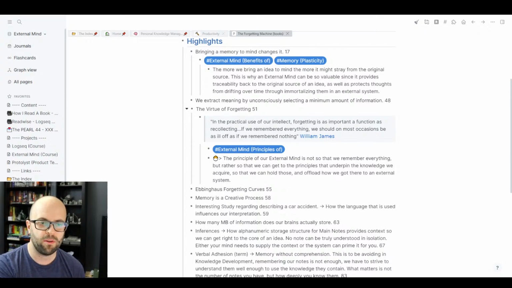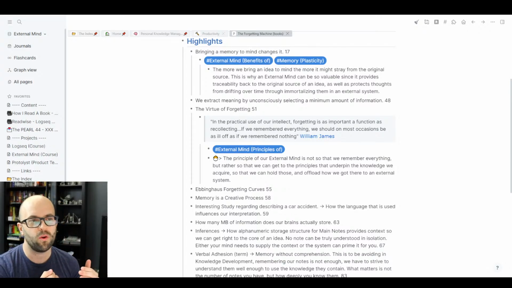What you're trying to get down to is the principles, the meaning behind those ideas, and that's what you try to codify in your biological brain: those very discrete, fundamental units of thought. Your external mind can hold all that other information, but you want to use it as a means of getting those principles, that meaning, into your mind so that you can use it.